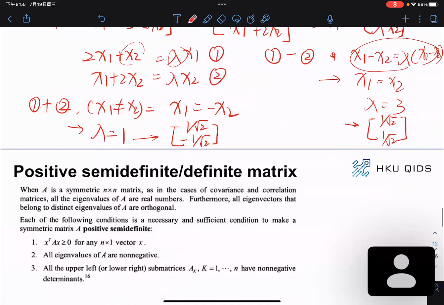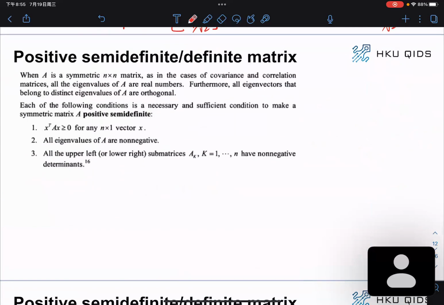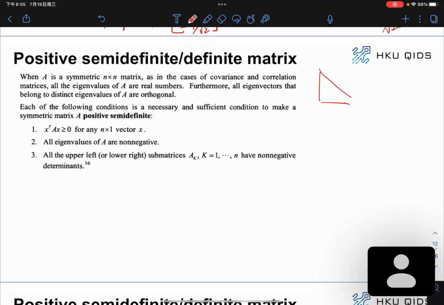Now let's come to our second last topic, the positive semi-definite and definite matrix. So A is a symmetric n multiplied by n matrix, as in the cases of covariance and correlation matrices. What is symmetric? It means the lower triangular part is the same as the upper triangular part, right?